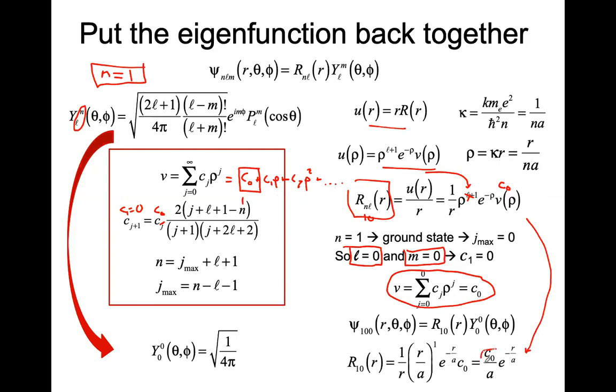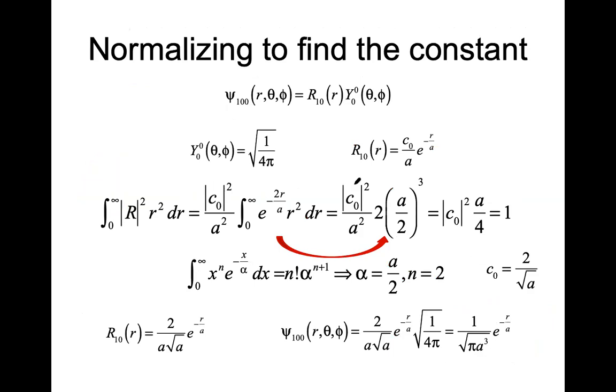And of course, how are you going to get c0? You're going to normalize this wave function, right? So we said the way you normalize the radial portion of the wave function, there's a division of constants in dV, or d r cubed, the volume element, and we said it's r squared sine of theta dr d theta d phi.